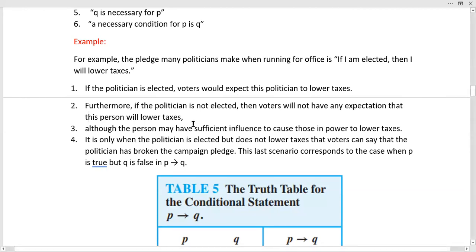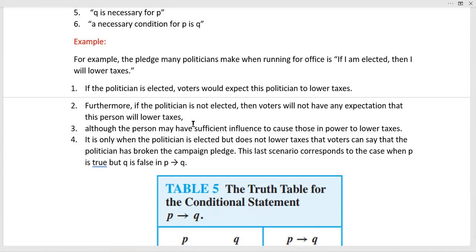All the persons may have sufficient influence to cause those in power to lower taxes. See the third case. What is the third case? Although the person may have sufficient influence to cause those in power to lower the taxes.